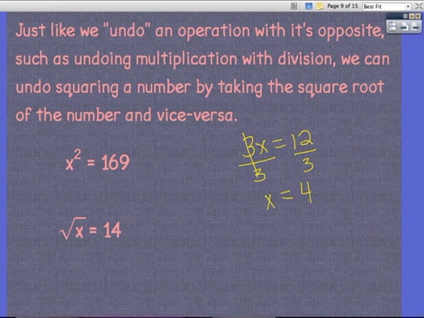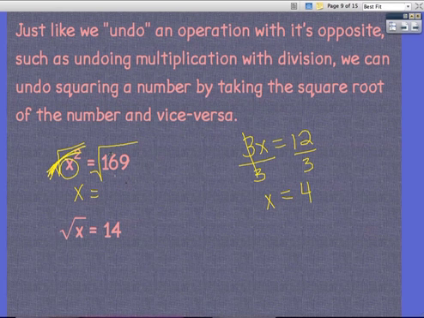My opposite of squares or square roots is to take the square root or to square both sides. So here, to undo squaring, I would take the square root of both sides. When I take the square root of a number that's squared, basically, those things cancel and I'm left with just what's under the square root, so x.